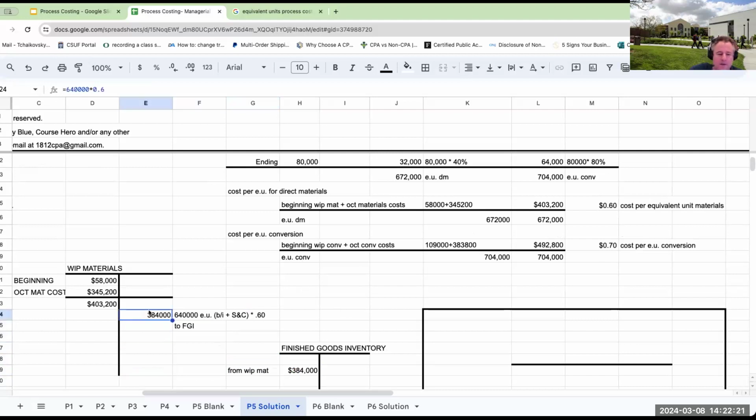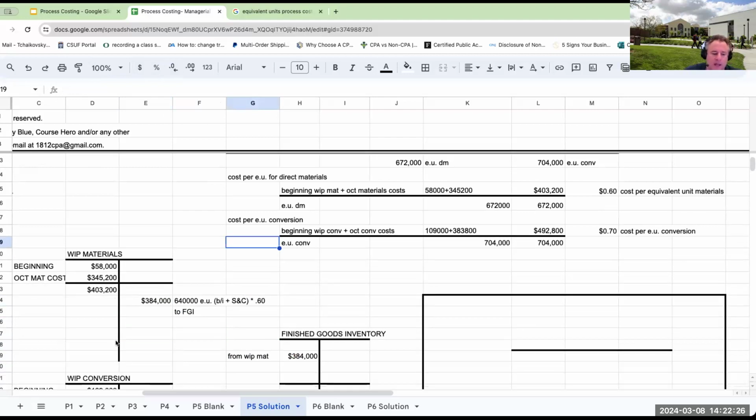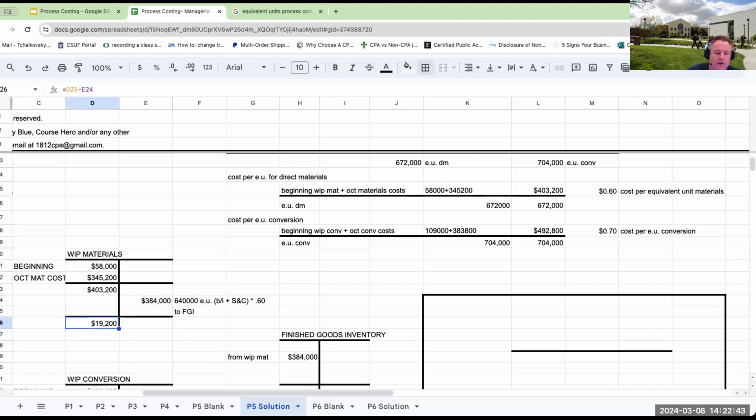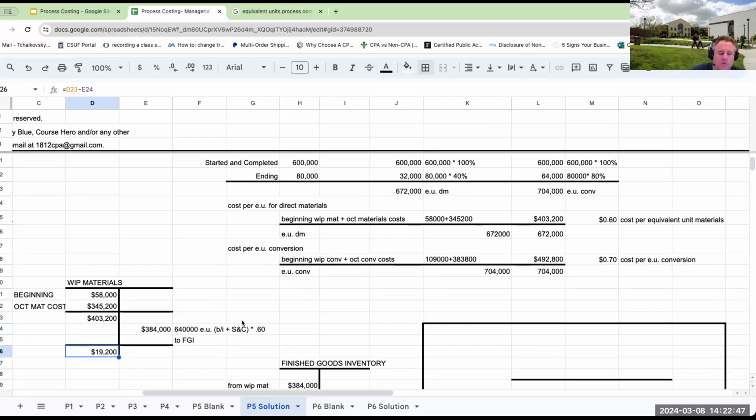Okay. Now, when we go through and do this, my ending balance over here in my work in process materials account is going to be, subtract the smaller from the larger balance, leave the remainder on the larger side, or 19,200. Now, with these questions, there are always ways we can check our work. Extremely important.